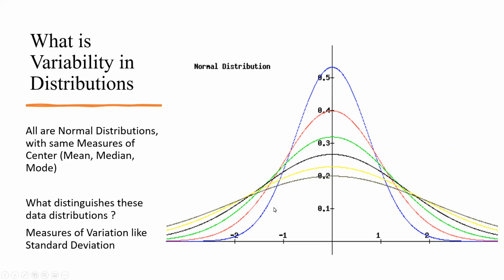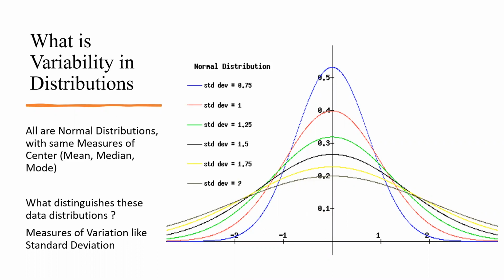For example, standard deviation is one of the popularly used measures of variance. We will see how it's calculated and how it is related to other measures of variation.